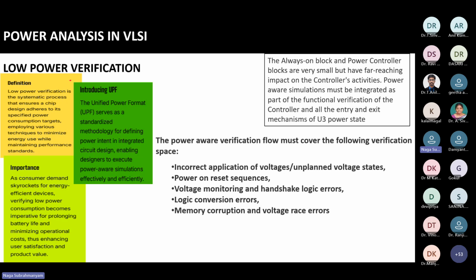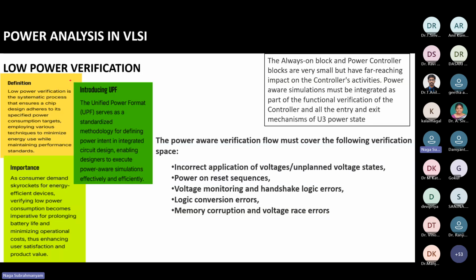Okay, if you see here, always on blocks and power control blocks are very small, but have a far-reaching impact on the controller's activity. Power-aware simulations must be integrated as part of the functional verification of the controller and all entry and exit mechanisms of the U3 power state. See, this U3 power state means USB has so many power states. In that, one of the states is the U3 power state.